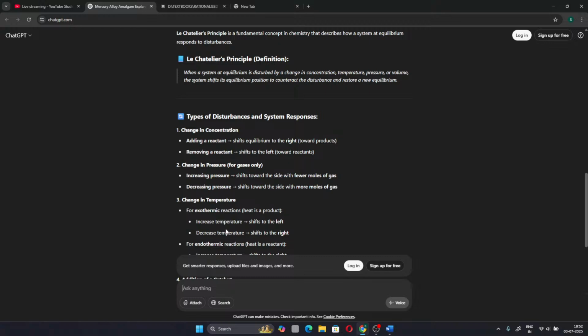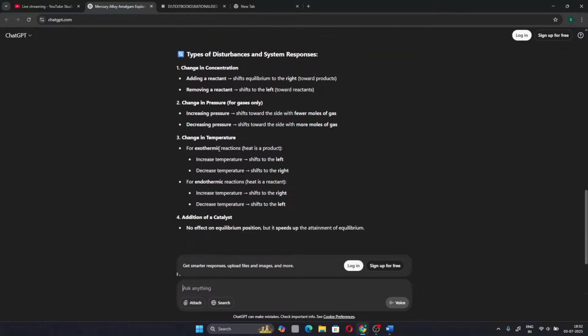For change in concentration, in case of adding a reactant, it will go towards the product side. When we remove a reactant, we are reducing its concentration, so product concentration will be more, and the reaction will go backward, meaning products will produce reactants.